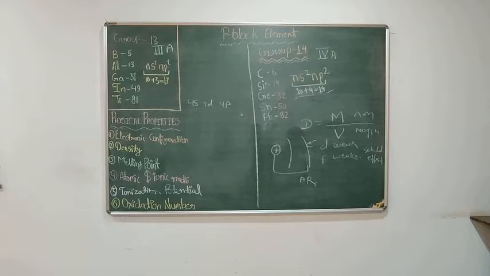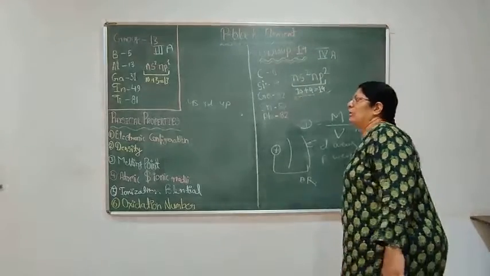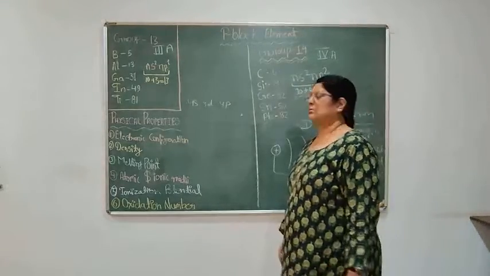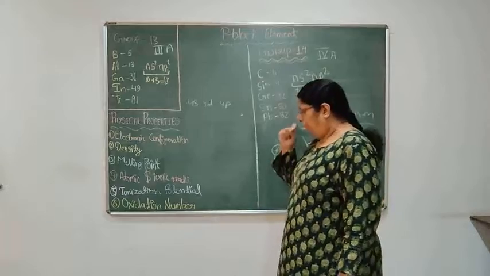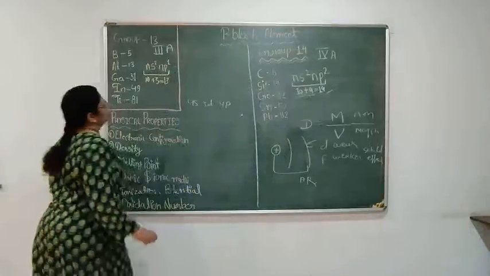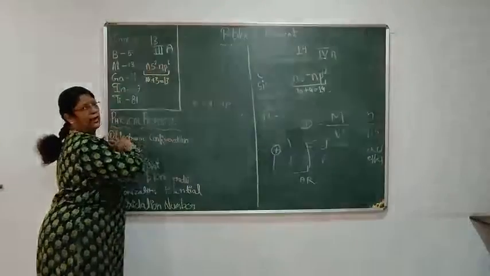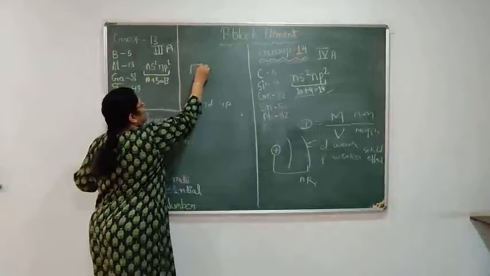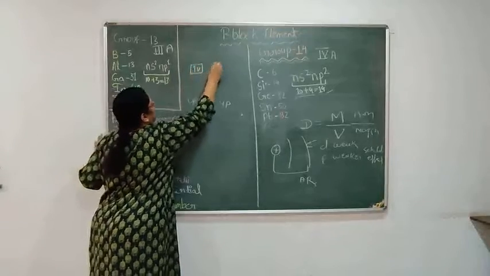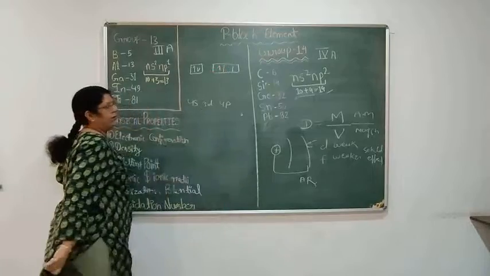We are continuing the same topic and now we will talk about oxidation number. A number of charge present over the element is considered as an oxidation number. The electronic configuration of group 13 is ns2 np1, so in their s orbital there are paired electrons and in the p orbital there is one unpaired electron.